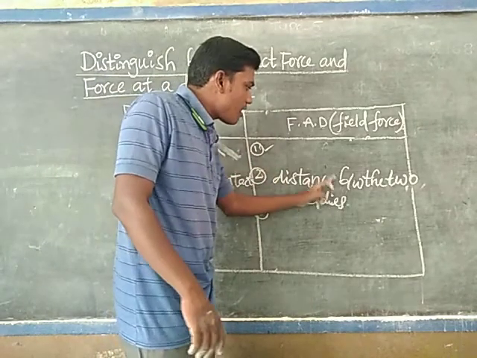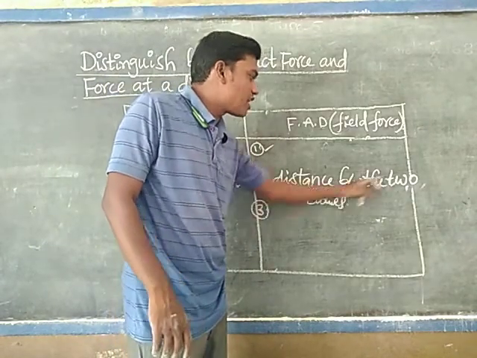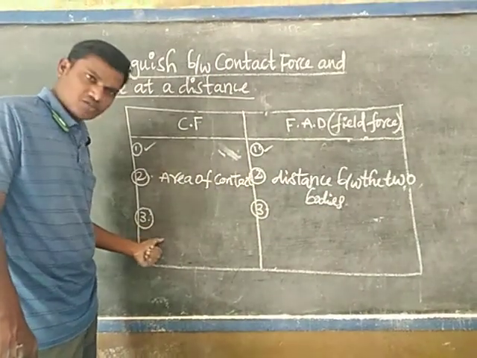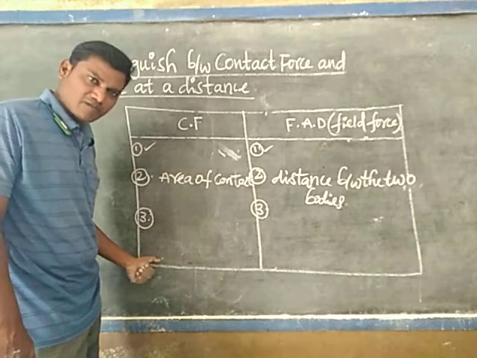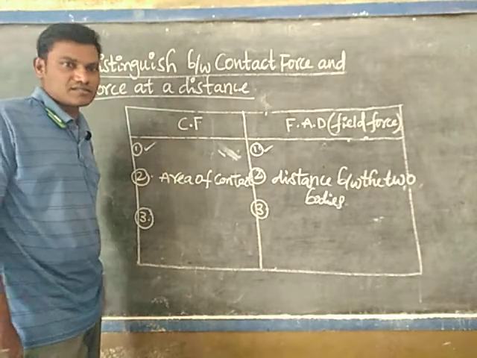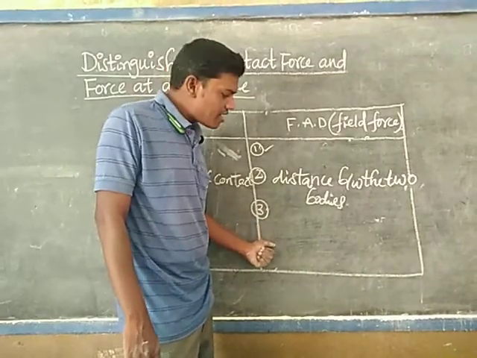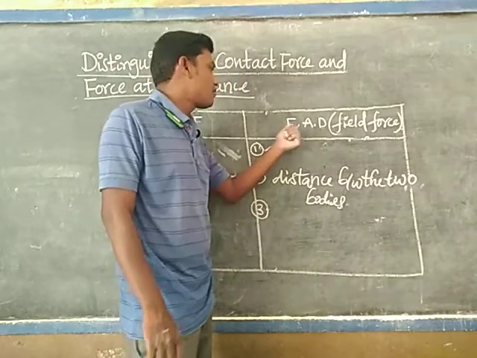Force at a distance depends on the distance between the two bodies. Muscular force, tensional force, frictional force and normal force are the examples for contact force. Gravitational force, magnetic force and electrostatic force are the examples for force at a distance.